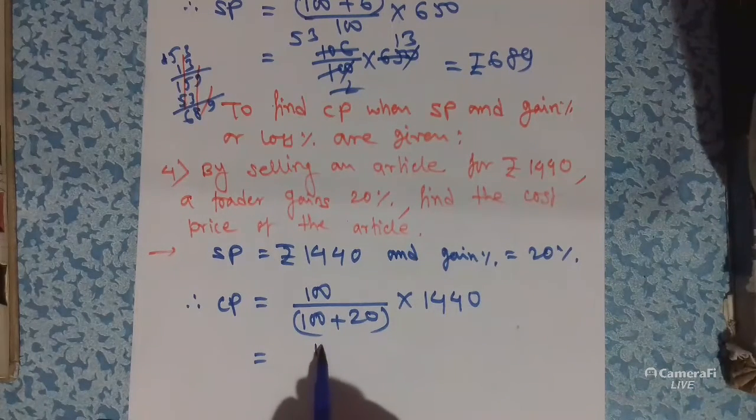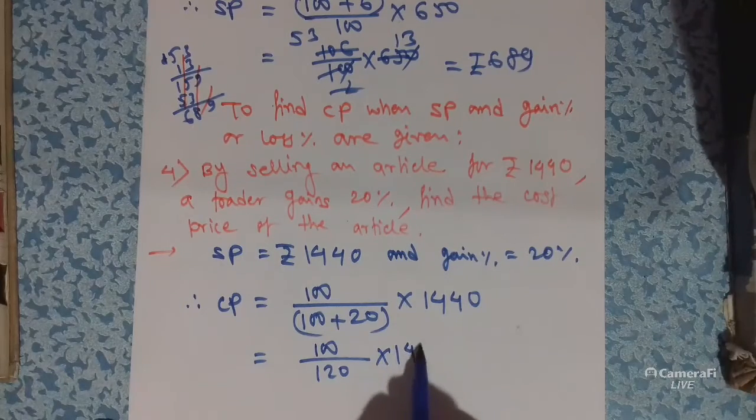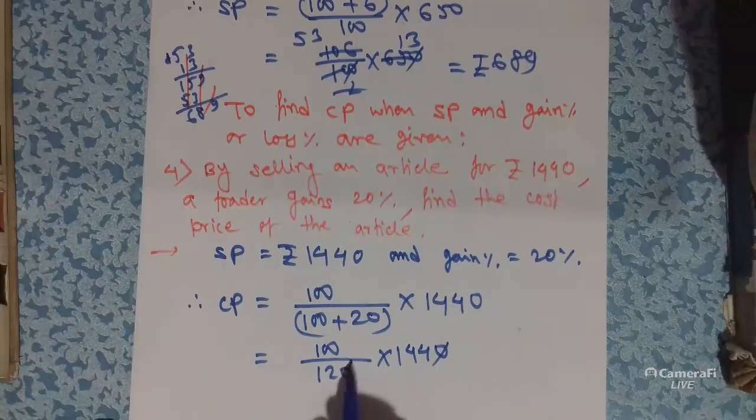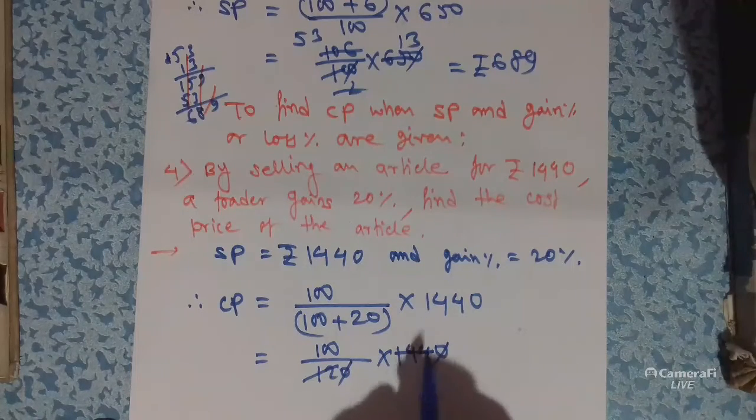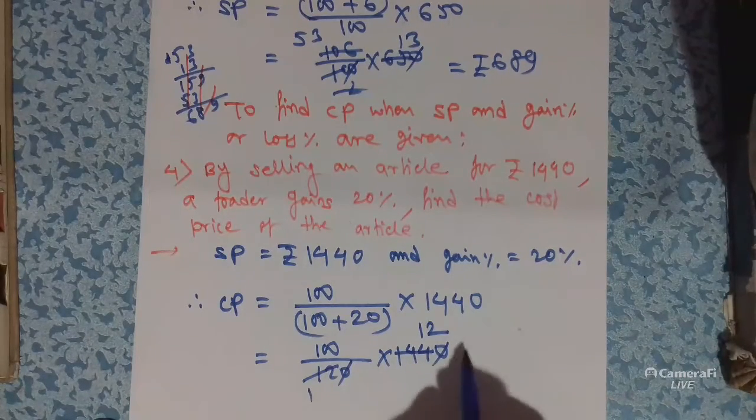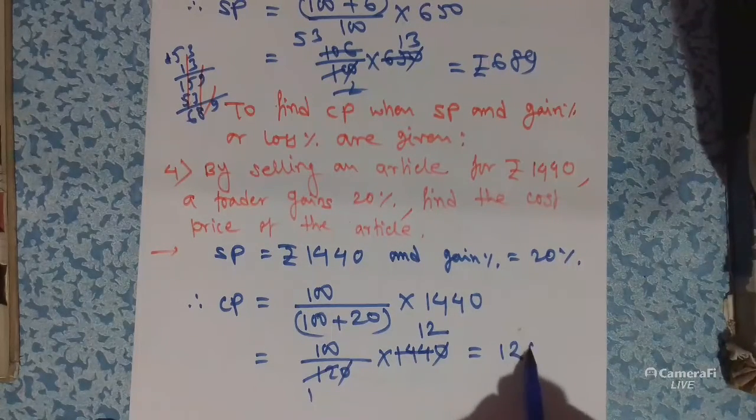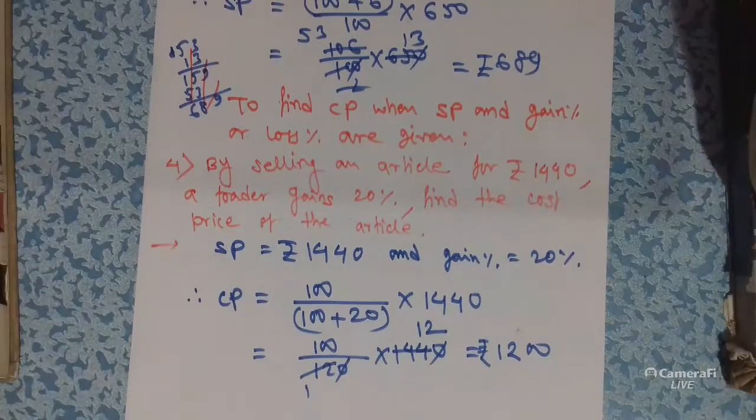Now calculate it. So it is 100 by 120 multiply 1440. Now you can divide 144 and 12 by 12. So it will be rupees 1200.